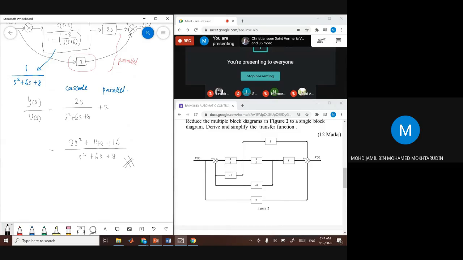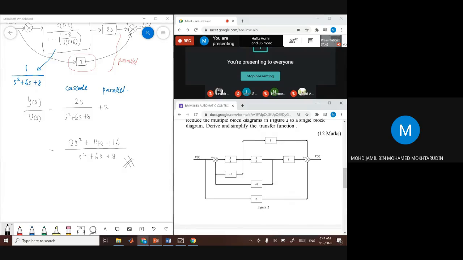Try to learn more on block diagram reduction. Try to do the exercises or examples given in the slides. Okay, so let's go to question 2.